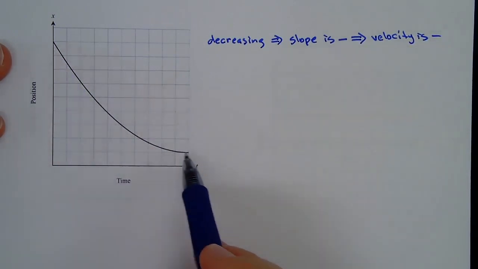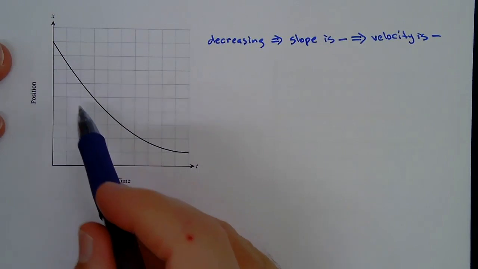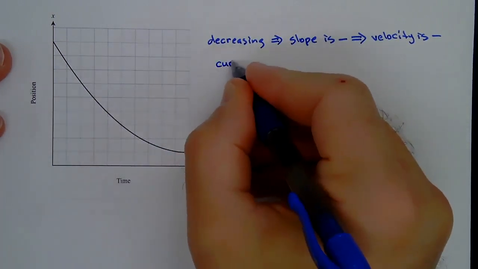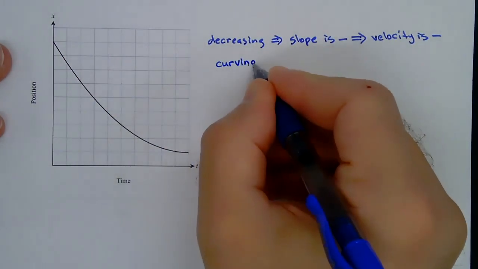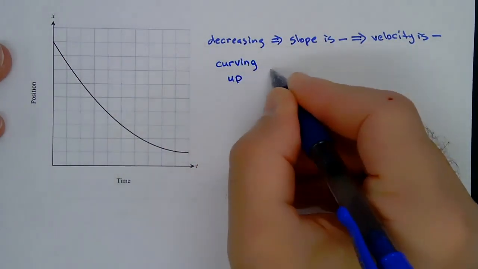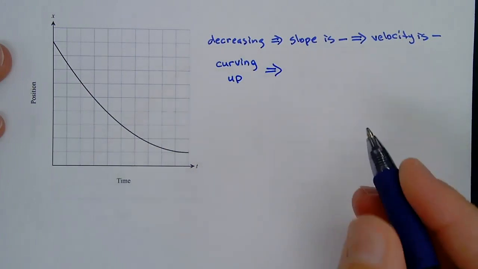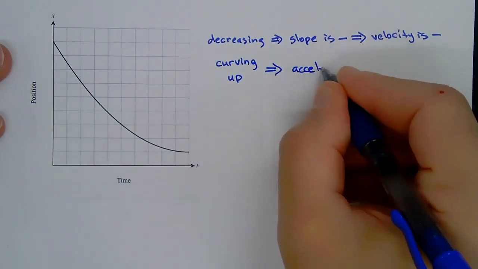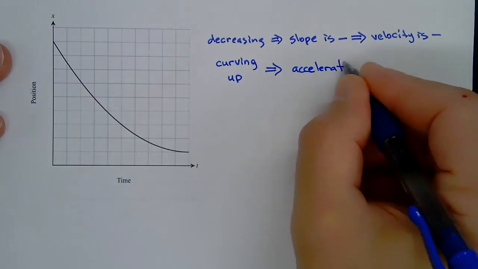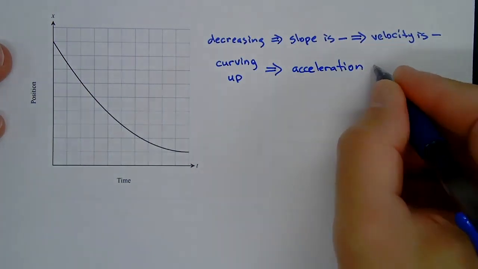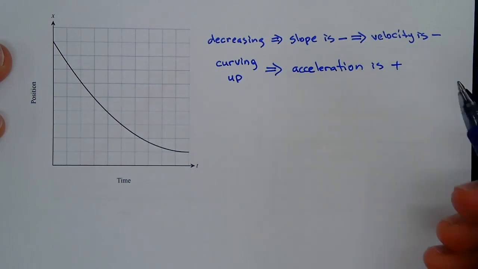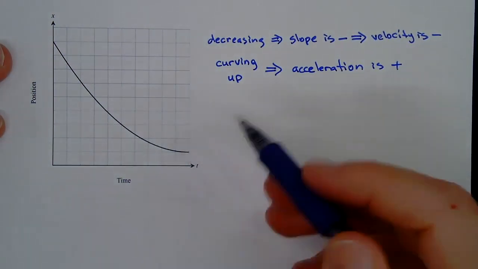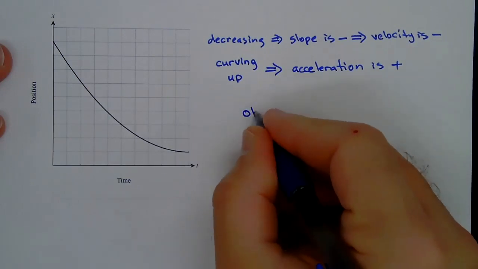And looking at this, the curvature is bending up, or curving up. Since it's curving up, the acceleration is positive. So since the velocity is negative and the acceleration is positive, this is slowing down. The object is slowing down.